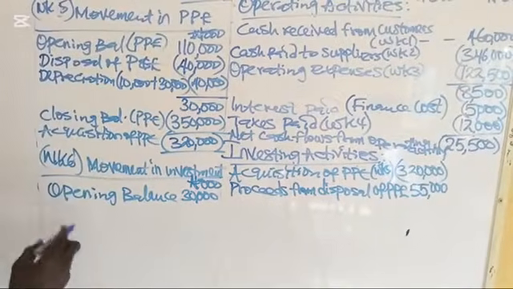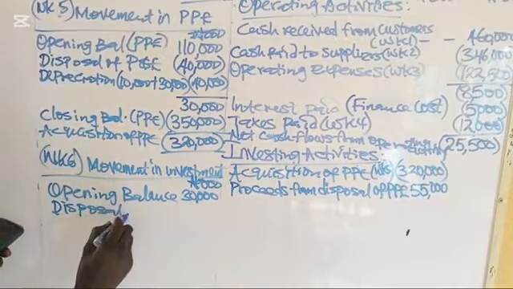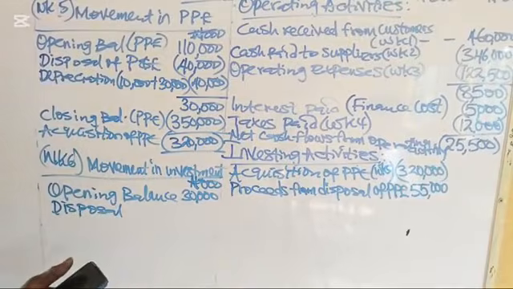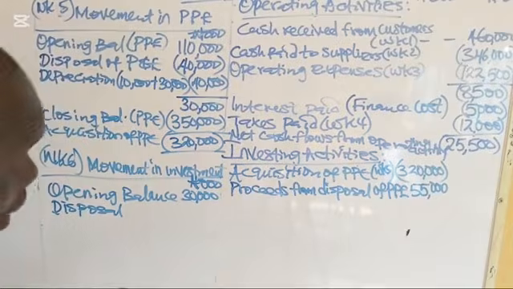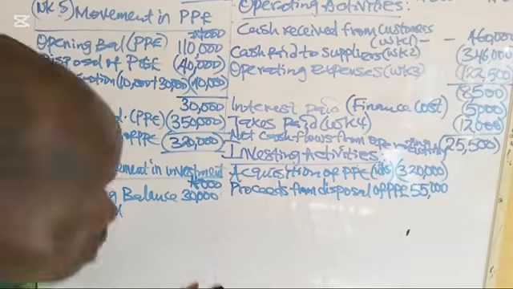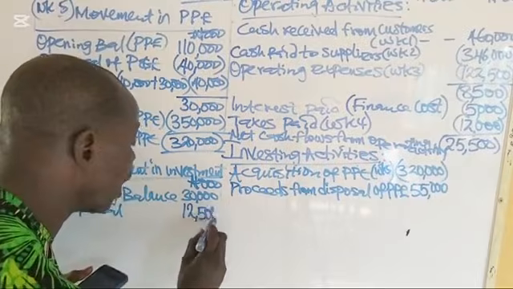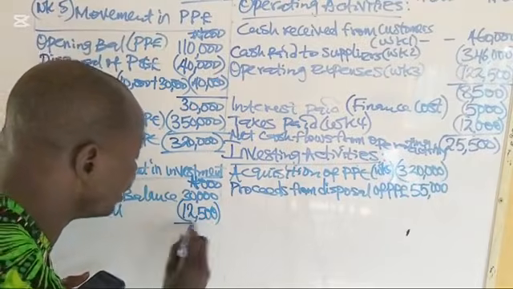So, we have disposal of investment. How much is the disposal? 12,500.